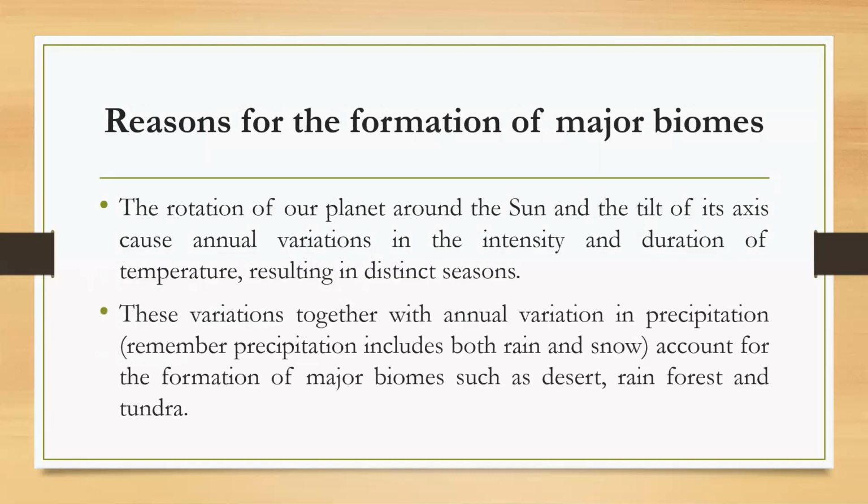The other one: these variations, along with the annual variations in precipitation. Precipitation means raining, in simple words. It also includes snowfall. So rain as well as snowfall together are known as precipitation. So the movement of the earth results in variation in the intensity and the duration of temperature, which results in the development of various seasons.